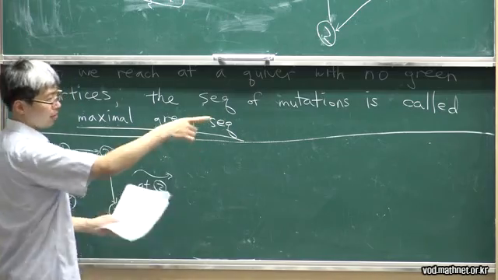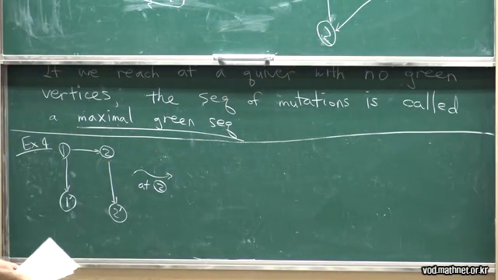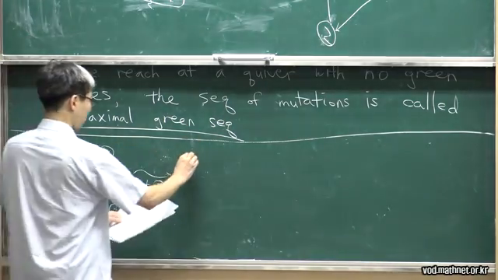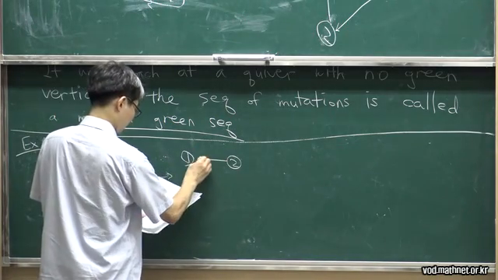Instead of starting mutation at 1, I'll just take a mutation at 2, then I'll get this.